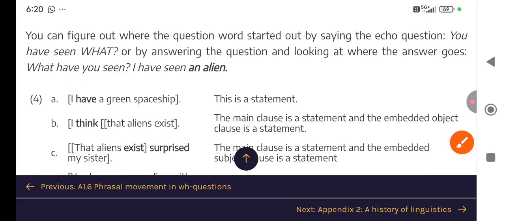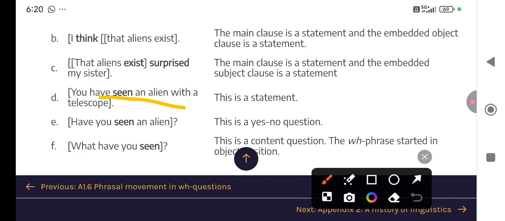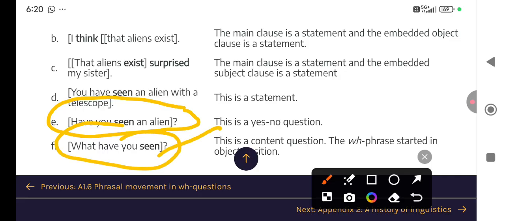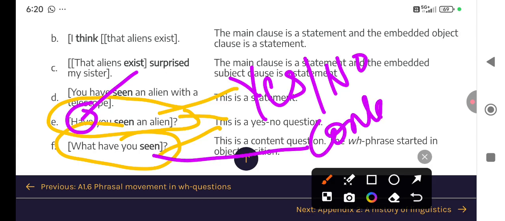But sometimes there is a question. So that is not a statement. That is a question. However, of the two questions, this is called a yes-no question, because it started with have, and this is a content question or descriptive question. Content question. Okay.